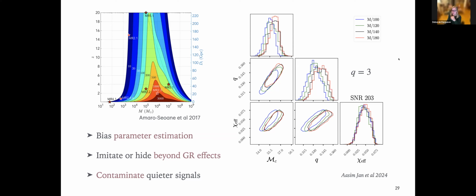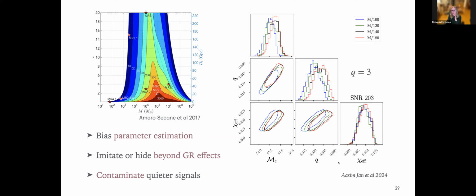Over here on the right, we're seeing a plot from Awesome John, a graduate student at UT Austin, showing parameter estimation done on injections with different numerical relativity resolutions, and the parameter estimation recovers different values for the different resolutions.